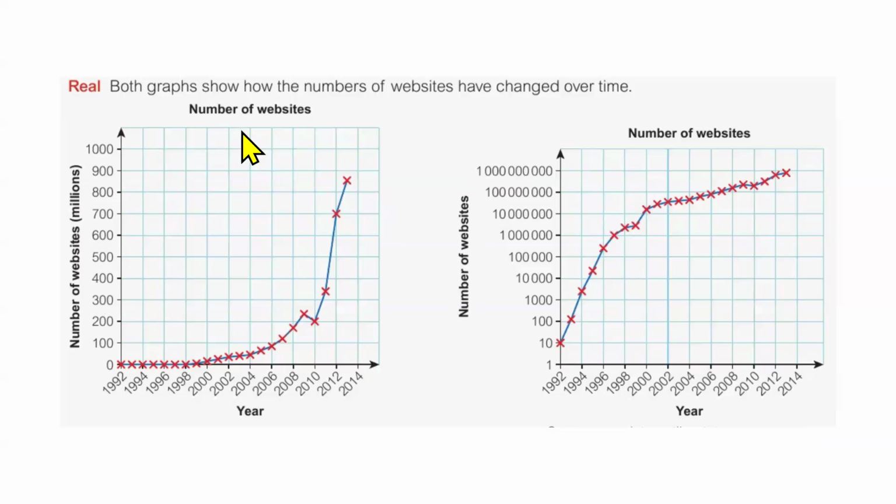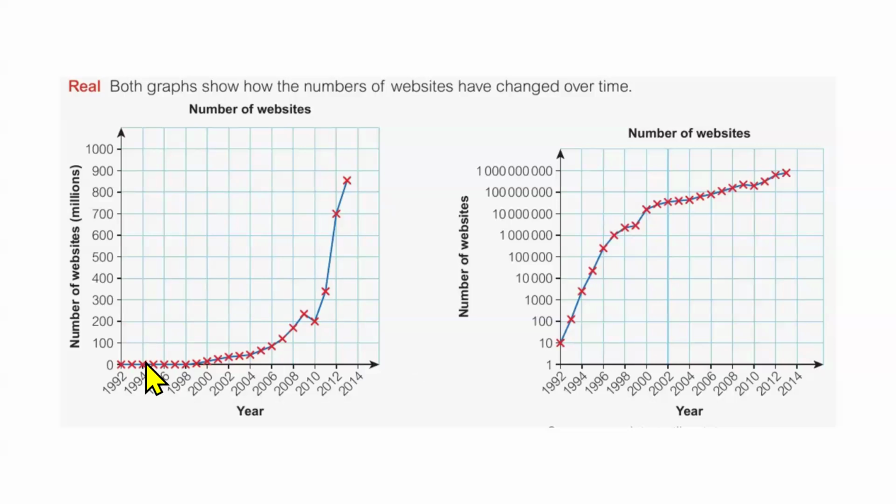How do I analyze the number of websites on the internet when I look at these two graphs? He asked me a question: how many websites were there after one square? So this is one square, two squares, three squares.